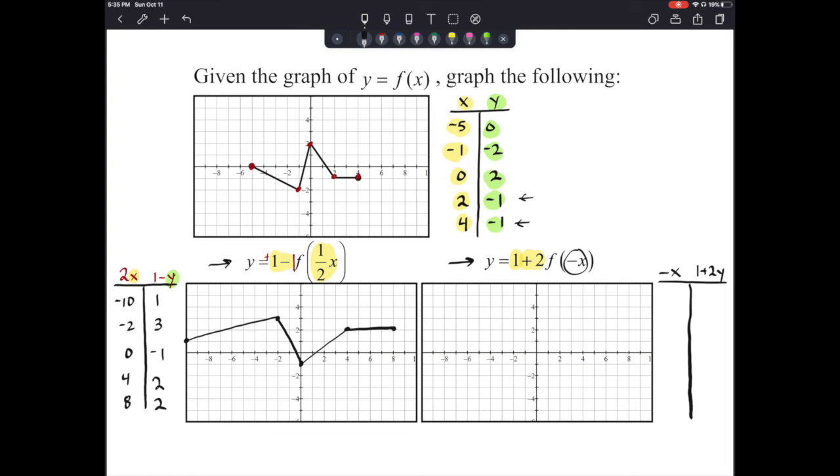Let's go ahead now and use those points and plot them as we need them. So one more time, you're going to plug in these x values right here for the x there. So you're just taking the opposite of each of those values. That would be 5, 1, 0, negative 2, and negative 4.